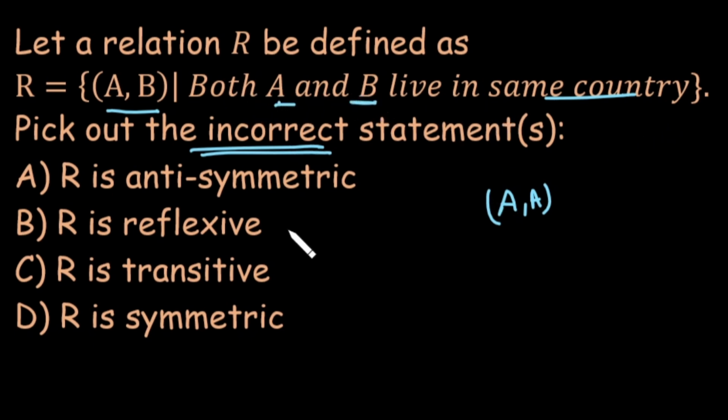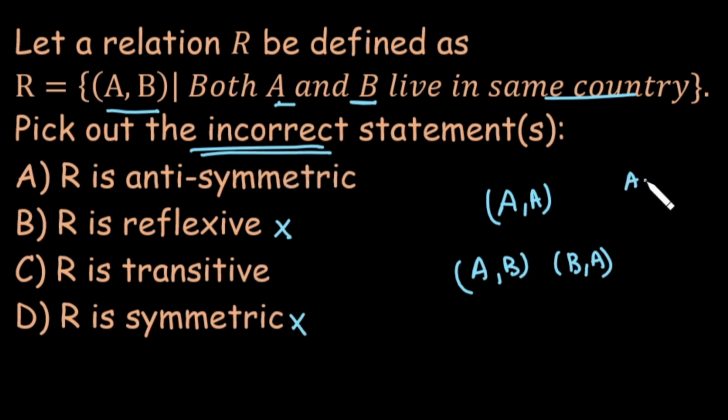That is a clearly correct statement, but we need to pick the incorrect one, so discard this. If A, B live in the same country, can we say that B, A live in the same country? Yes, always. So we can discard this option as we need to pick the incorrect one.